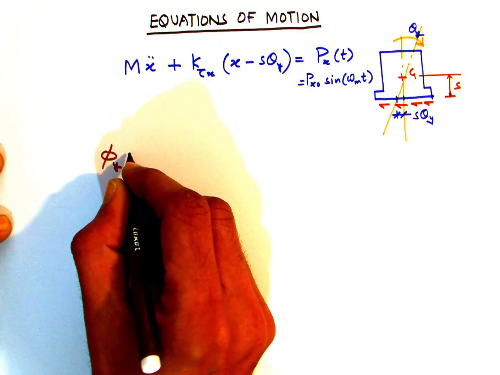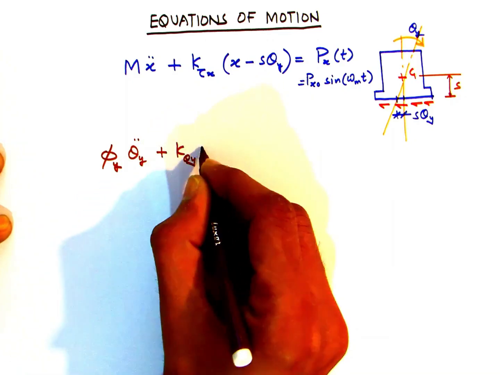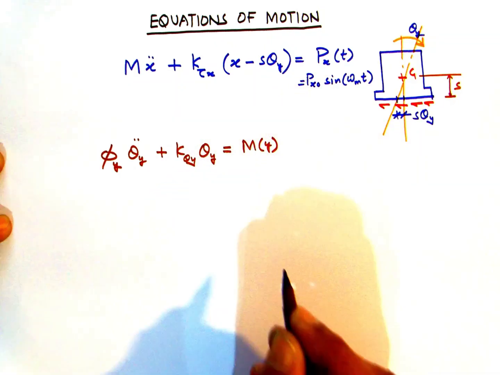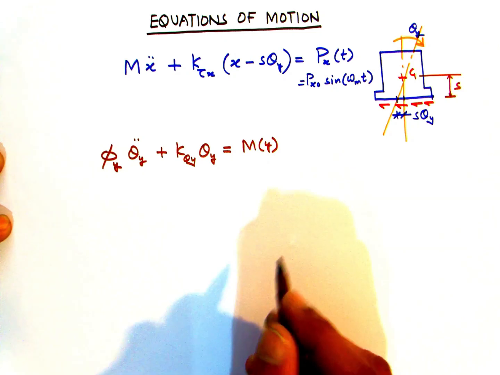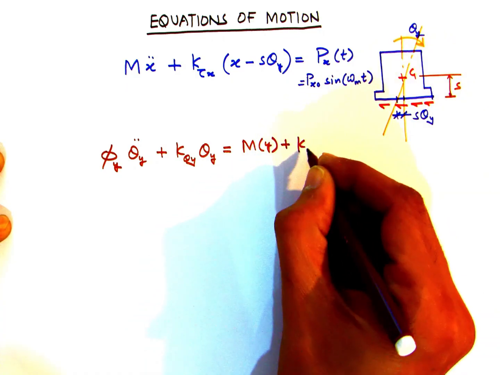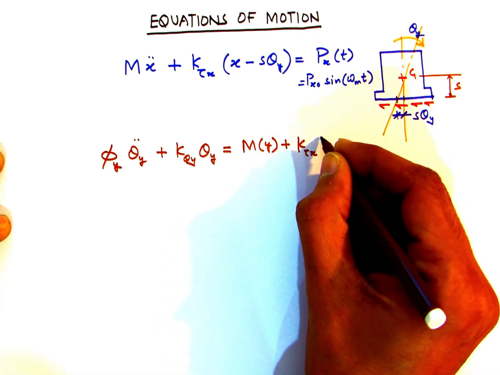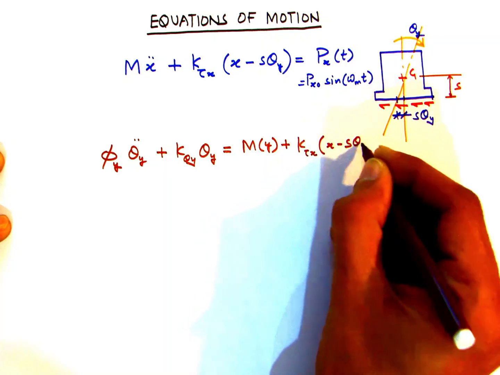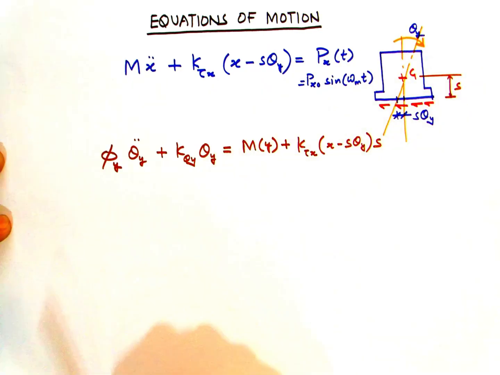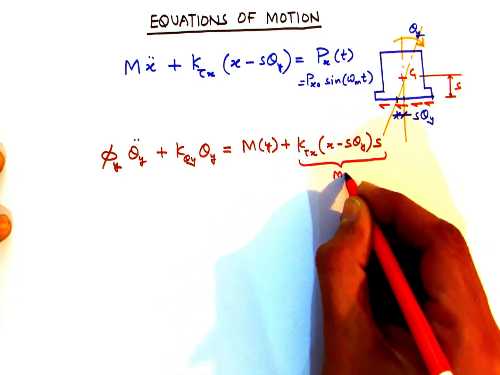Let us now formulate the equation for the rotation part. The first term is phi y multiplied by theta y double dot, that is the inertial term, and now we write the stiffness term, the rotational stiffness k theta y multiplied by the angular displacement theta y, and then we have on the right hand side the moment. The first part is My, which is the moment on account of the external load, and because we now have the shear stress acting at the bottom of the foundation on account of the sliding, we have an additional term as shown here.